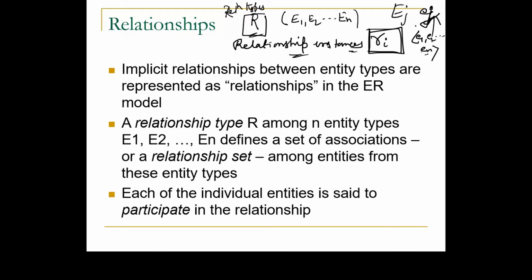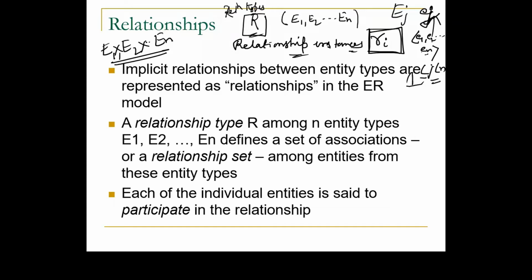The meaning is very simple: we have a mathematical relation on entity sets E1, E2 up to En. These entity sets make a Cartesian product among themselves, because these entities are related, and this relationship can only be created by Cartesian product.